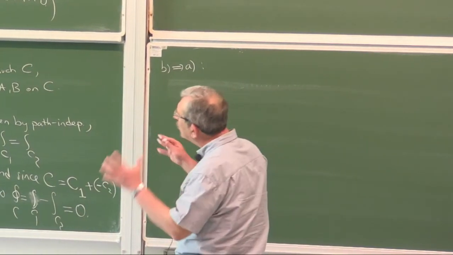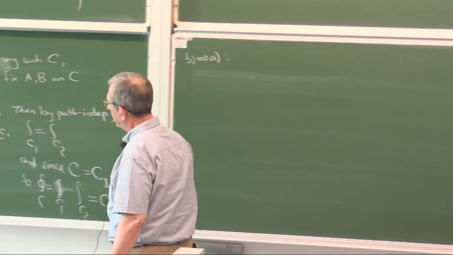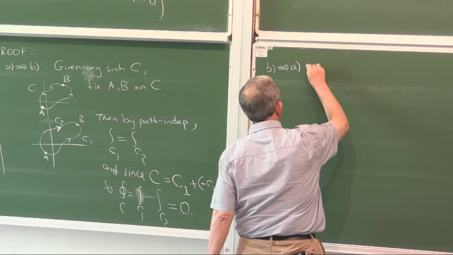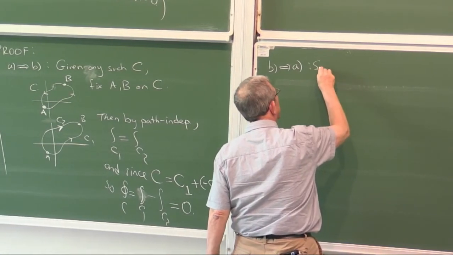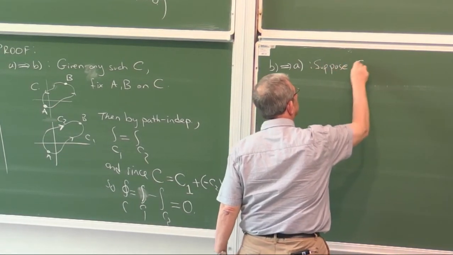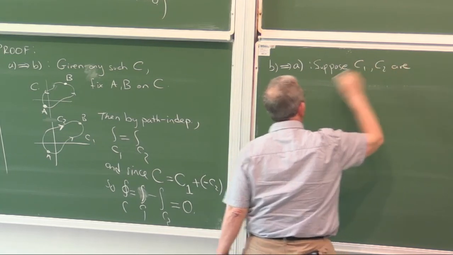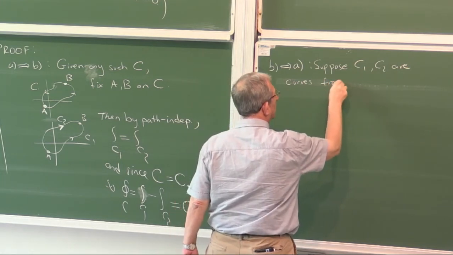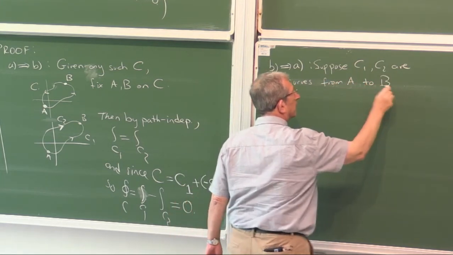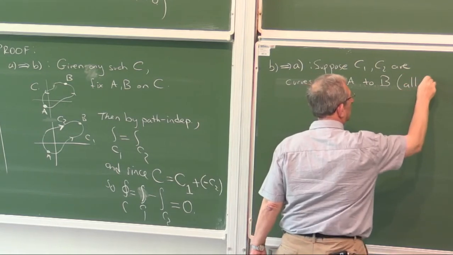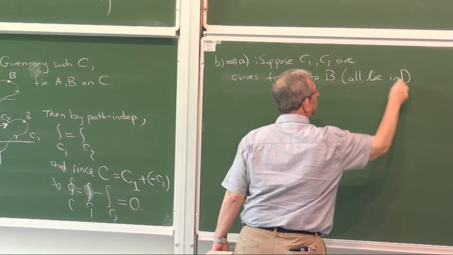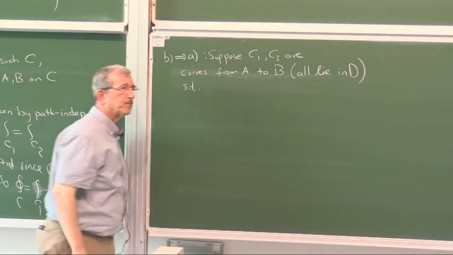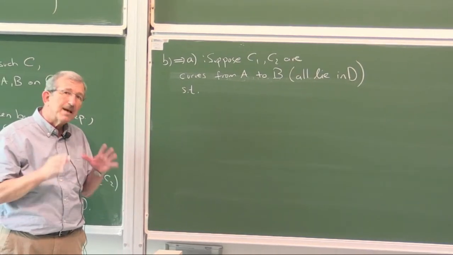So if on closed curves we have the integral 0, then suppose C1 and C2 are curves from A to B, all lying in D, such that they don't intersect except at A and B.